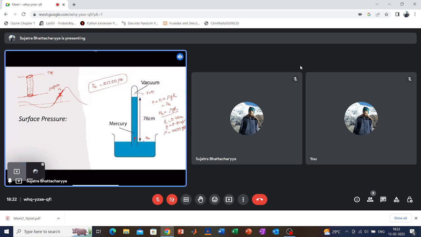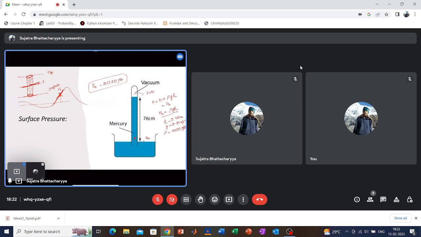Now if you go to a particular height, here we are trying to find out what the pressure will be over this region. It will measure the pressure just above this region, and the gas above is less compared to when we measure from the surface. So the pressure here will be less than the pressure at the surface.